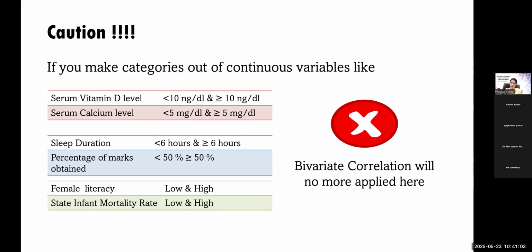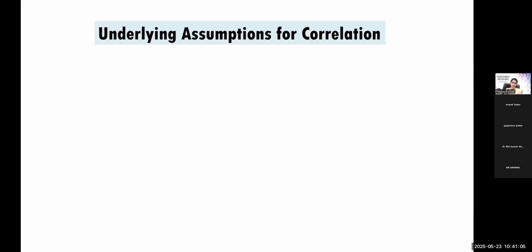So for correlation, the nature of the variable should be a scale variable.